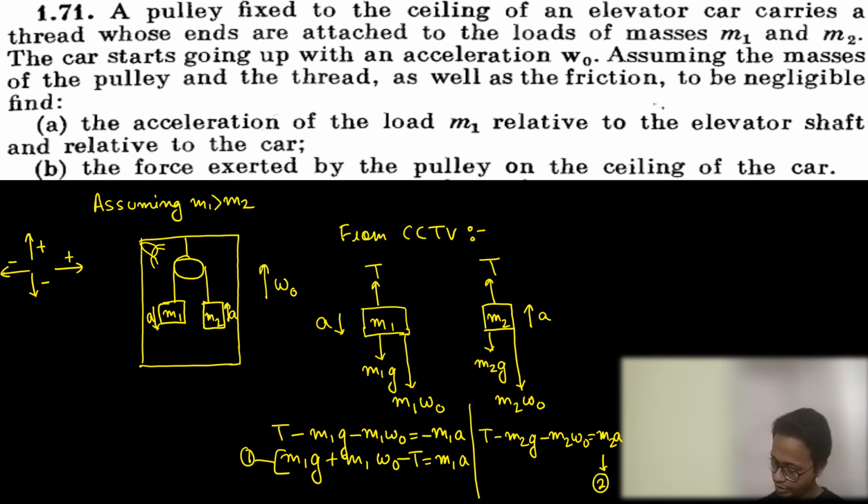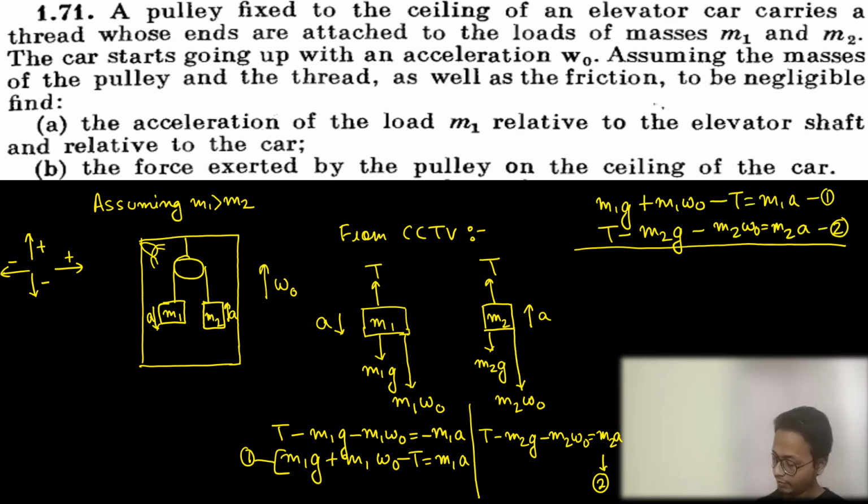If I solve equations 1 and 2, what do I get? I'm writing both the equations side by side out here. This is the first equation and this is the second equation. If I add equation 1 to equation 2, T and T would get cancelled.